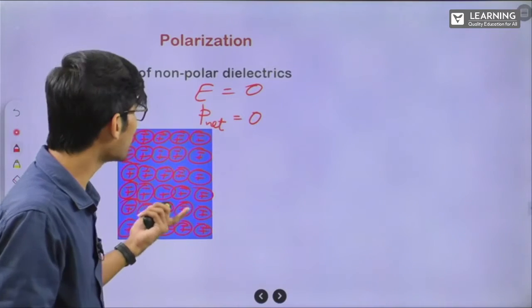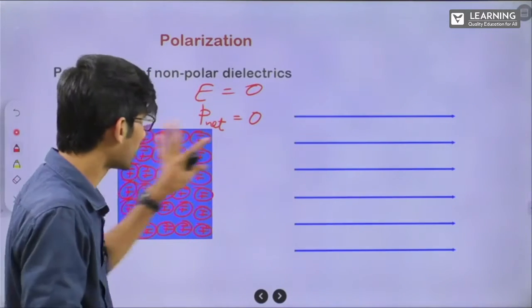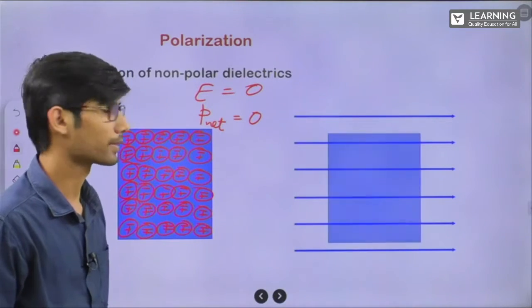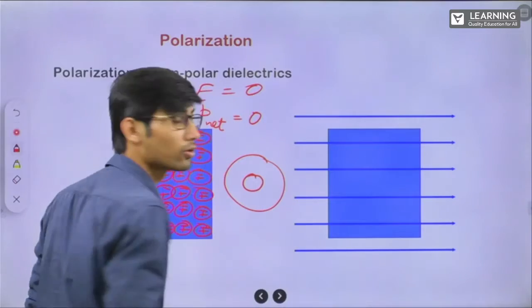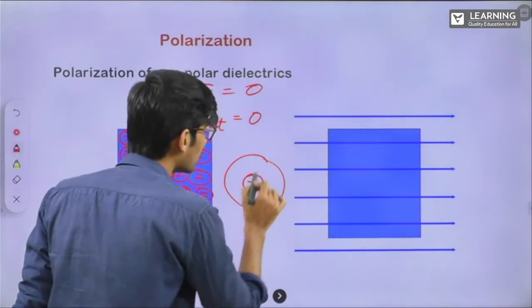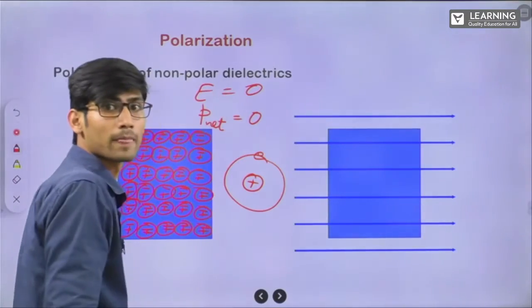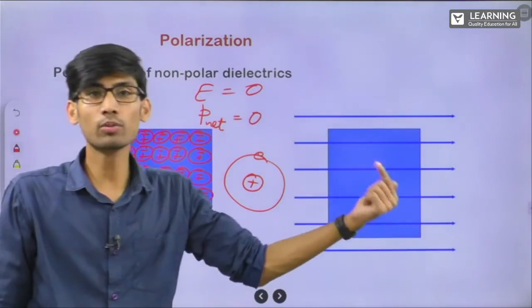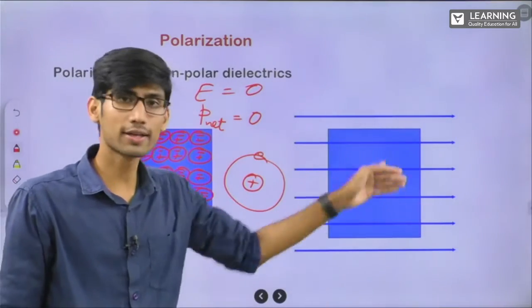All right. Now, what happens when we put it in an electric field? I'll put this in the electric field. Now what will happen? See here, again at the atomic level, this is a positive charge, this is an electron. Once the electric field comes, the negative charge will move opposite to the electric field and the positive charge will move along the electric field.